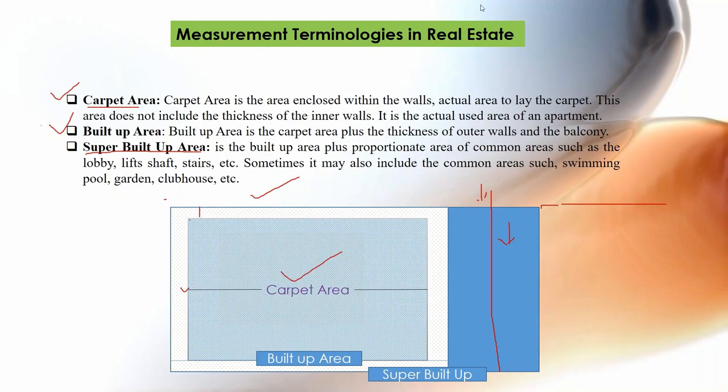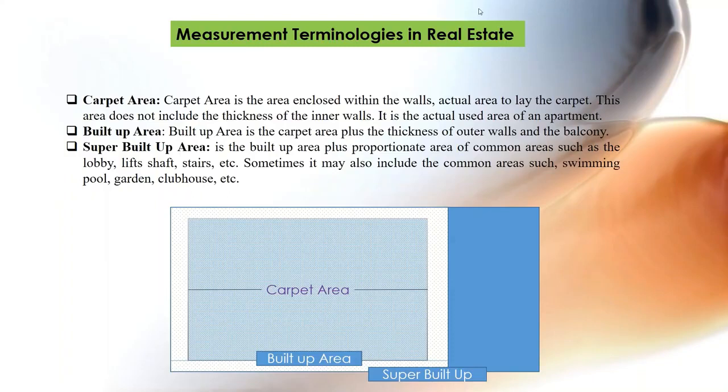Okay, so all these measurement terminologies which we are using, in the same way we can define the measurement type also. Let's say carpet area can be one measurement type, built up area can be a measurement type, super built up can be a measurement type, total can be a measurement type.